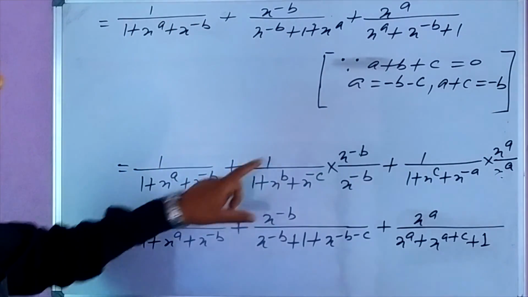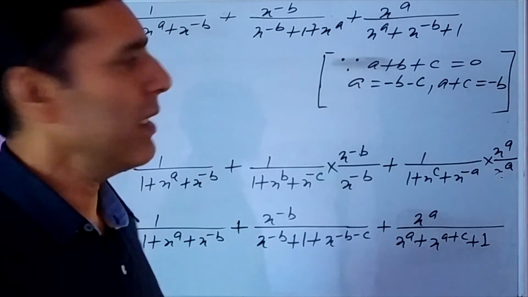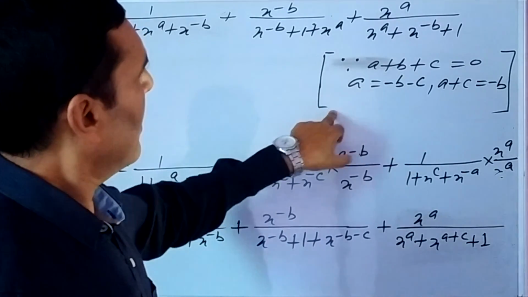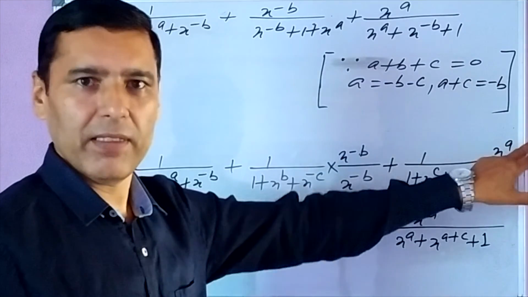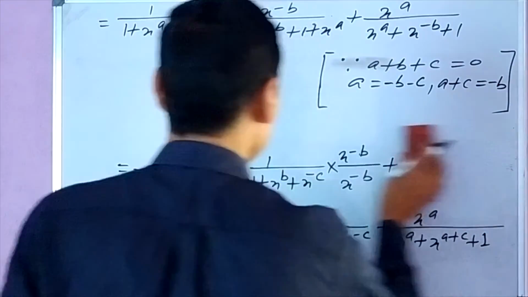This result which we have used here in the second and third denominator is from the given condition. To understand which form of the given condition we have used in the second and third denominator, I have written it in the bracket. You also can write in this way. It will be clear for everyone to understand.